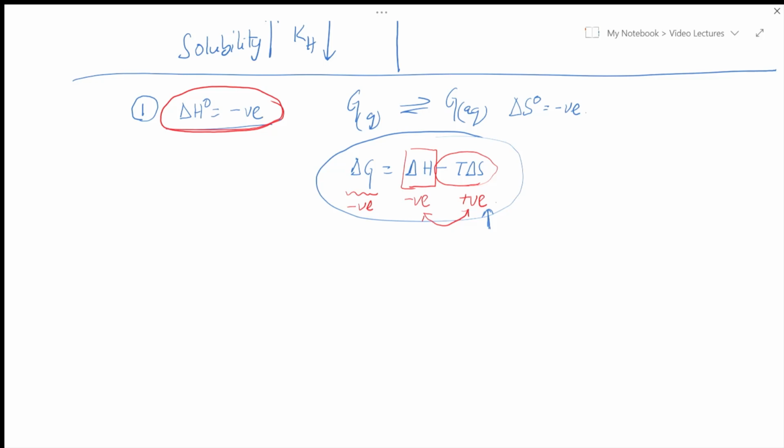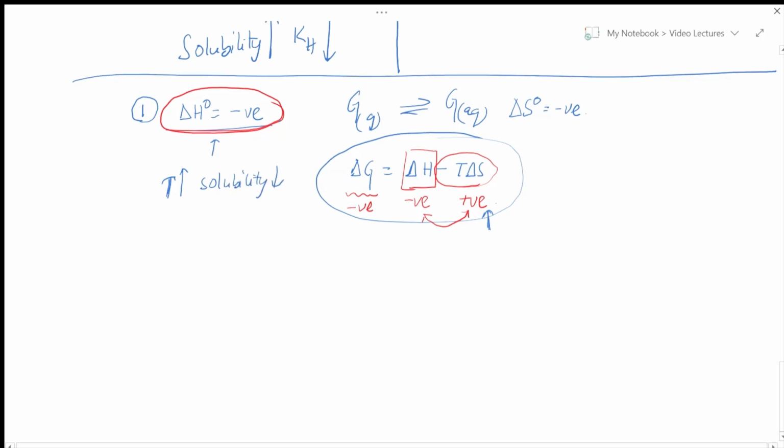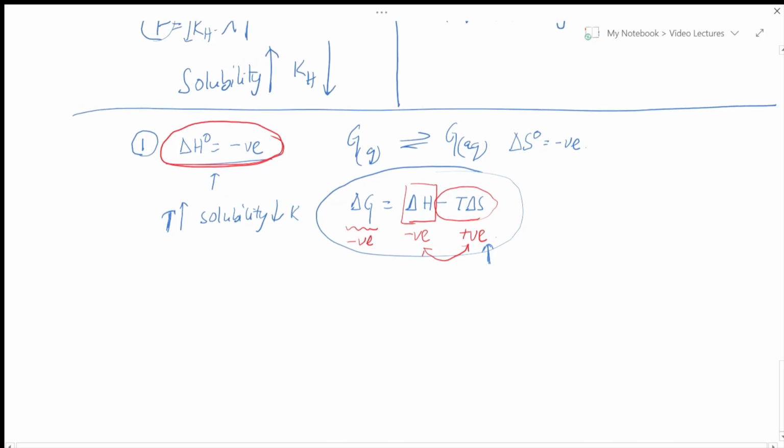Alternatively, you can also arrive at the same result if you consider that this reaction is exothermic in nature. So for any exothermic process, if you increase temperature, the equilibrium constant decreases, equilibrium shifts backwards, and solubility decreases. Now, when solubility is lower, it also means that the value of KH is lower.